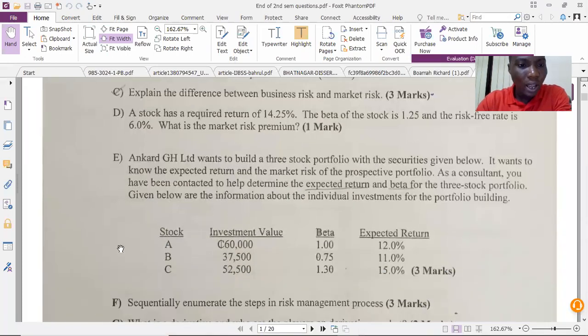Then Anchor Limited, you were supposed to find the expected return and then the beta. With this question, you were not given the weight, so you find the weight. So what did we do?